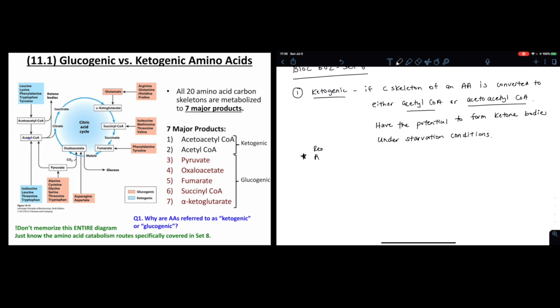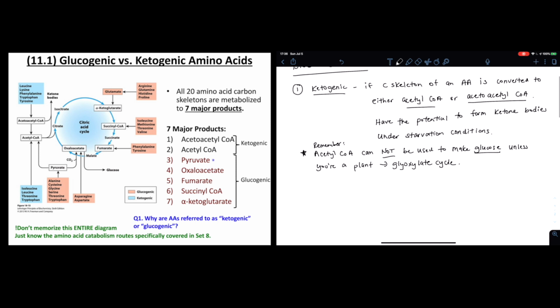We'll write this down again: remember that acetyl-CoA cannot be used to make glucose, unless you're a plant and you do the glyoxylate cycle. And we're not a plant, at least the last time I checked.